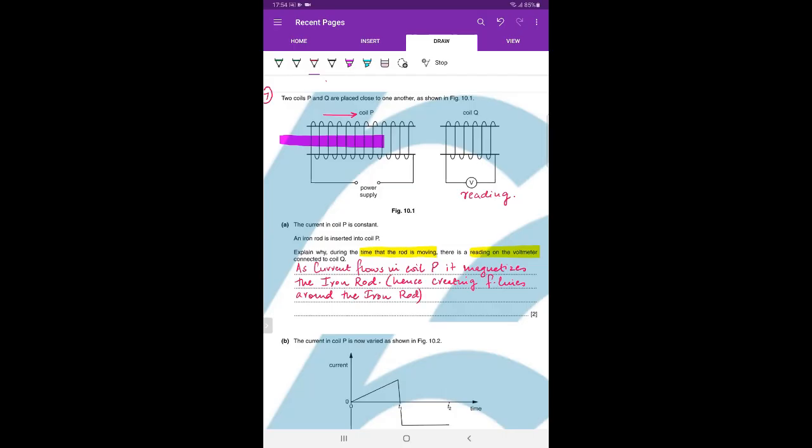So the current in coil P magnetizes the iron rod, thereby creating field lines around the iron rod. Now second statement.